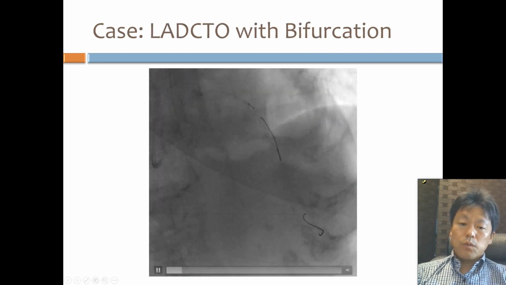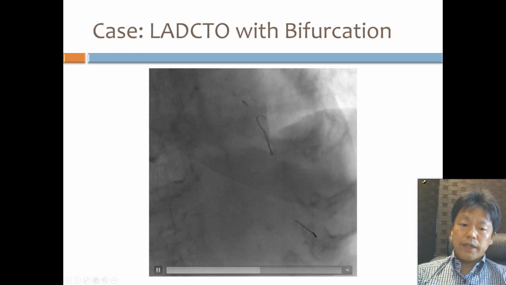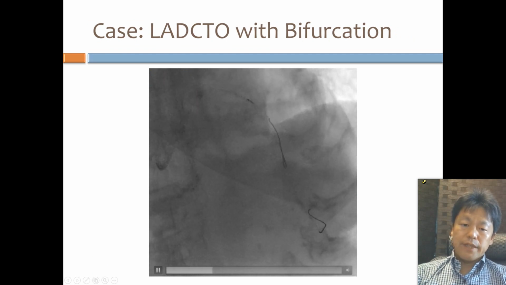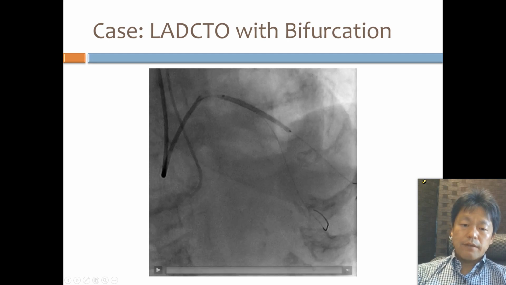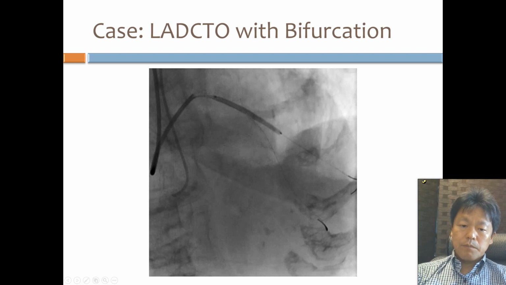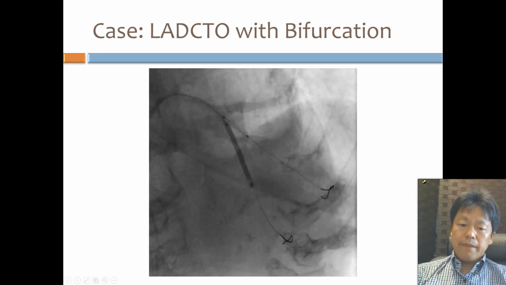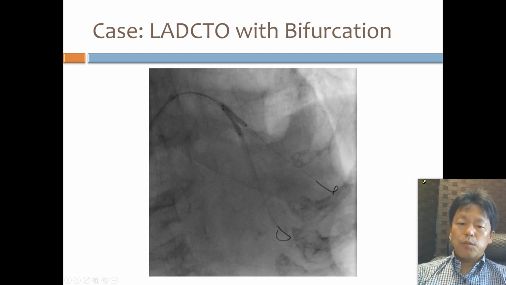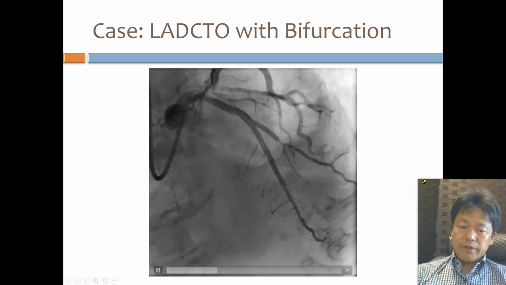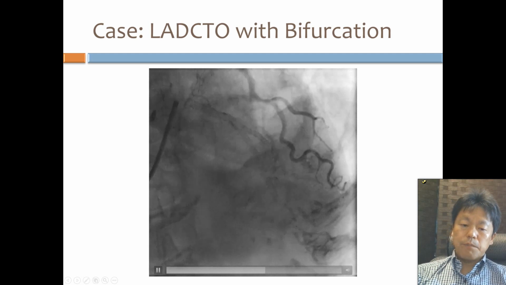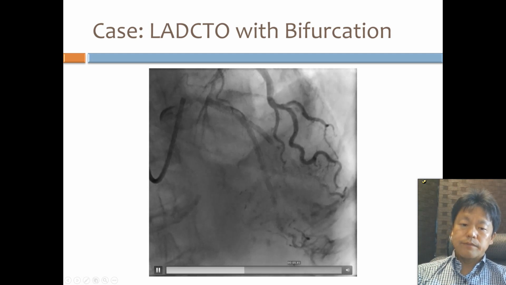So we did the reverse wire technique to save this diagonal, very nicely done. Then we put the stent to the diagonal, put the stent to the LAD, and KBT, and the final result is this. This is complete success, revascularizing both LAD and diagonal.